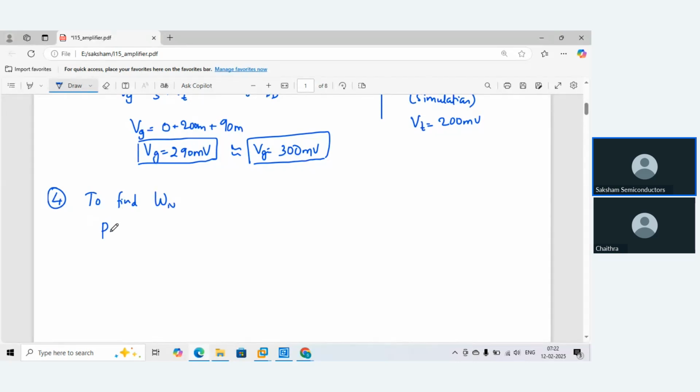Because power has been given, I know P is equal to VI. Based on that, I can figure out what I is, which is nothing but P by V. Power is 250 micro. Sometimes they will give power and sometimes they give the current itself. P is 1.8. If I solve it, I will get I is equal to 138 microampere, which I'm going to approximate to 100 microampere.